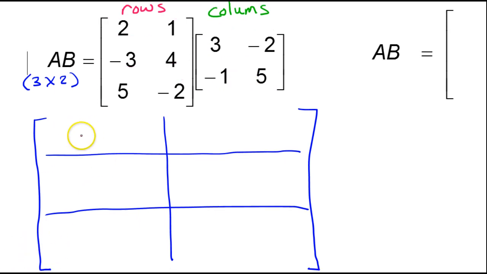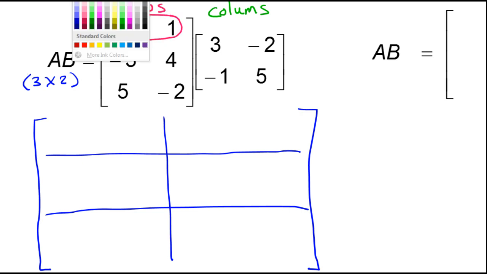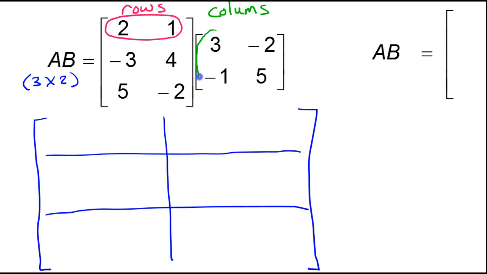Okay, let's start with the first entry, the first element. This is row 1 and column 1 of the answer. So we will find the element in row 1, column 1 by multiplying row 1 times column 1. So we're going to multiply row 1 from the first matrix times column 1 of the second matrix.